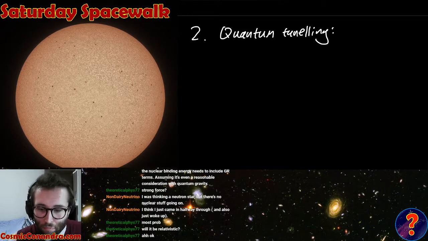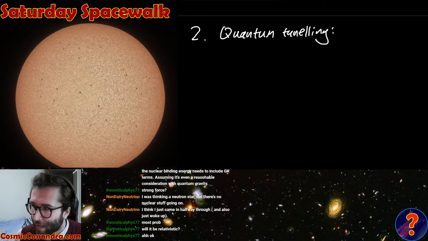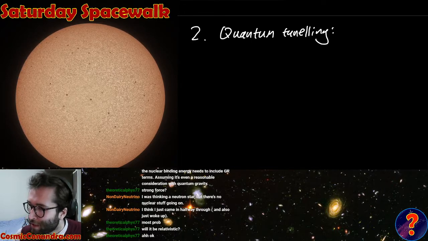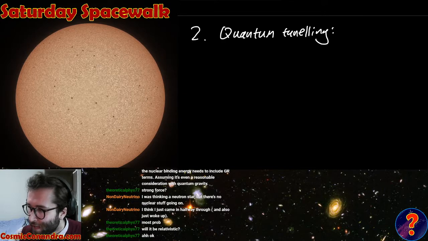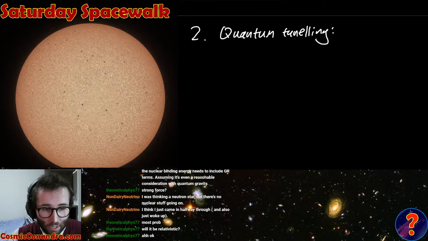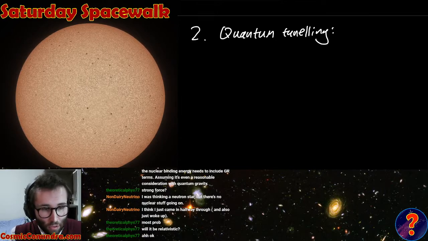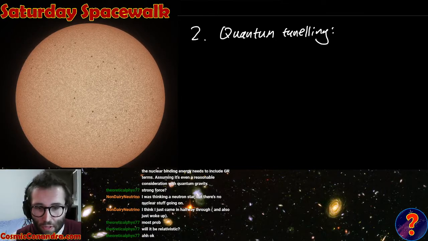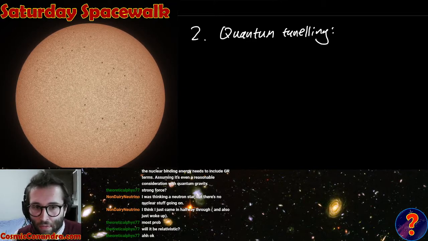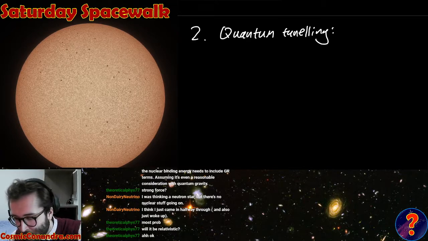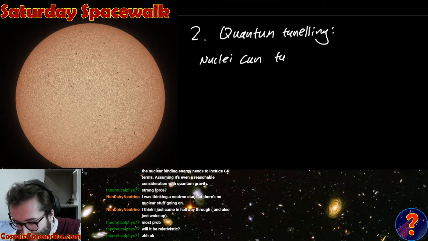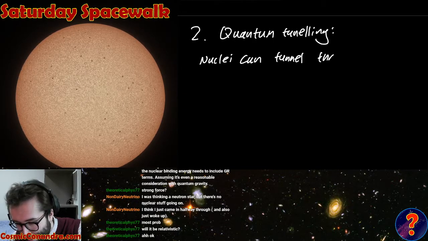The tunneling rate gives you the rate of these nuclear reactions, and if you divide the total number of hydrogen atoms by that rate, that will roughly give you how long you'd expect the sun to keep on fusing, as another crude estimate. But we're not going to do that, we're just going to talk about it qualitatively. So nuclei can tunnel through the Coulomb barrier.